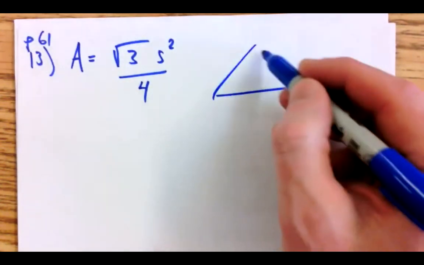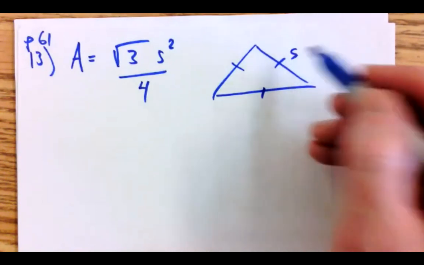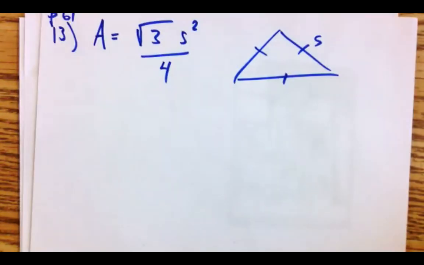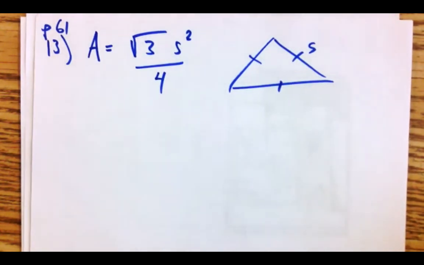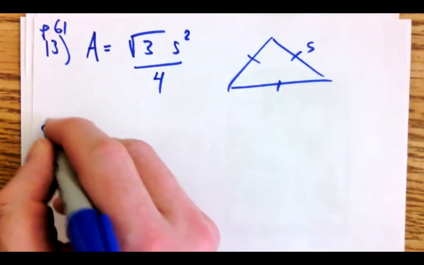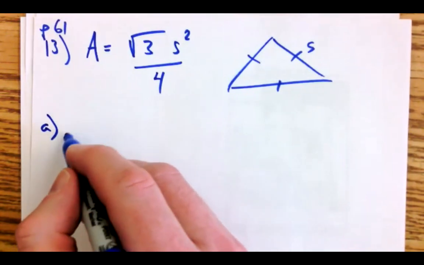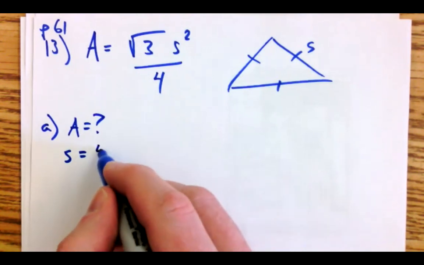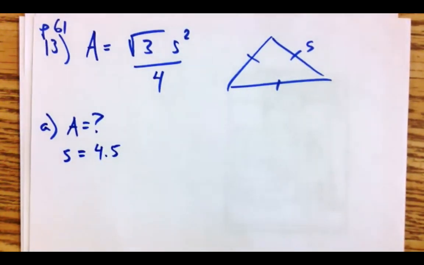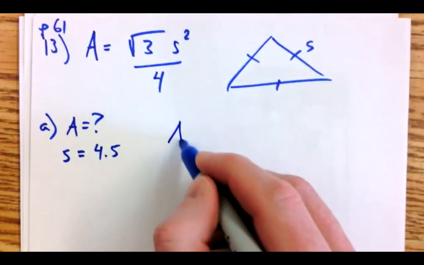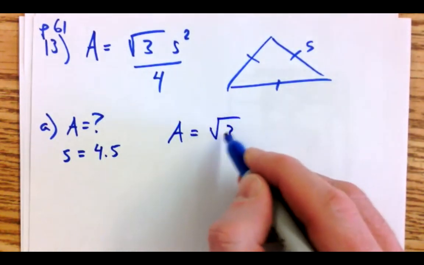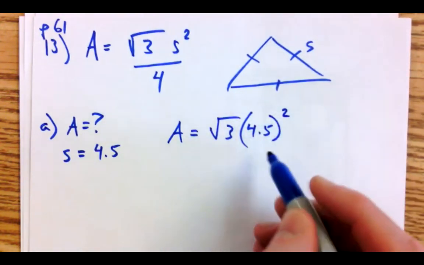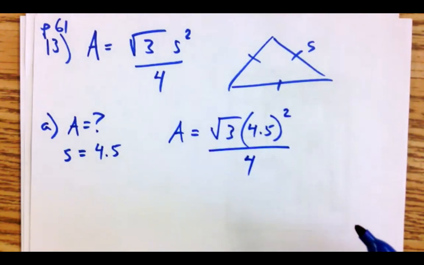So it's an equilateral triangle, so all sides are equal. And part A, it says, what is the area of an equilateral triangle with side of length 4.5? So for part A, basically it's saying, what is A when s equals 4.5? So all we need to do is say A equals the root of 3 times 4.5 squared divided by 4.